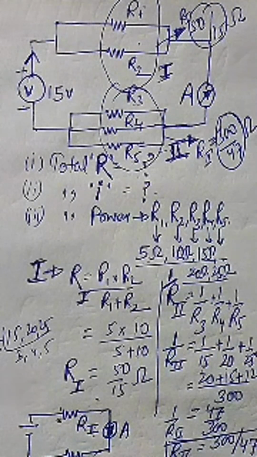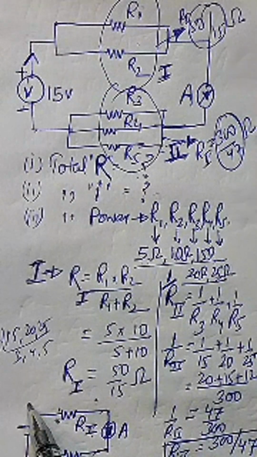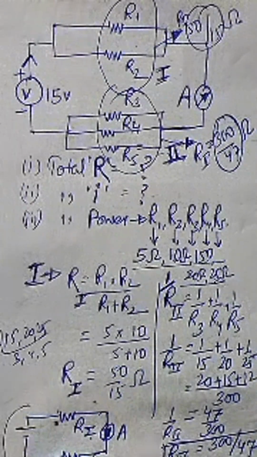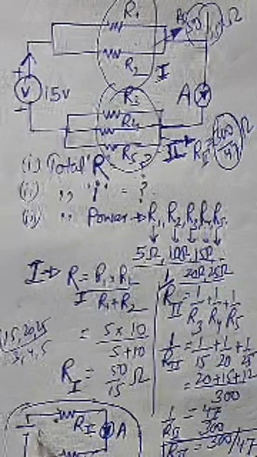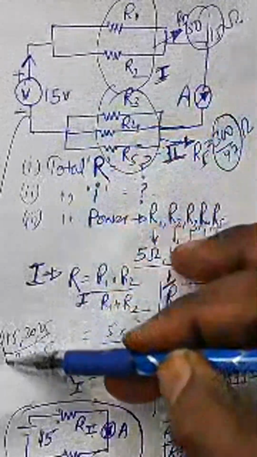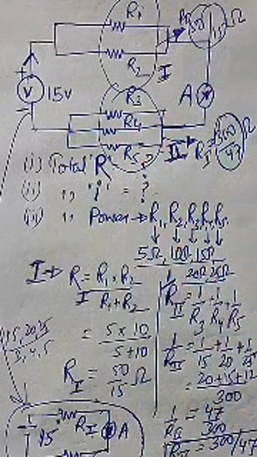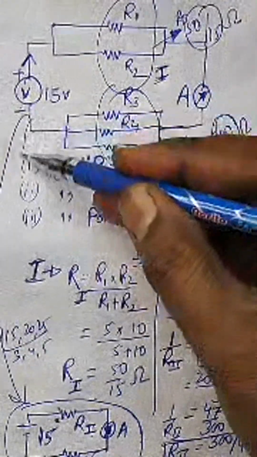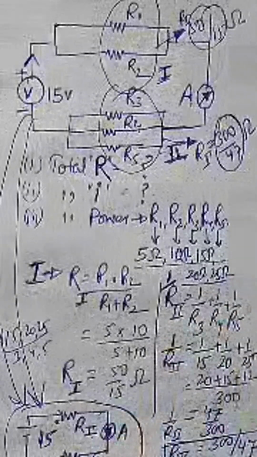So our circuit will be resolving like this. Here 15 volt is the battery source. The above circuit will look like this.